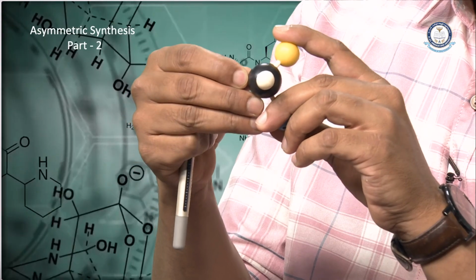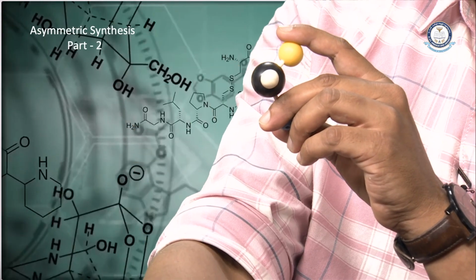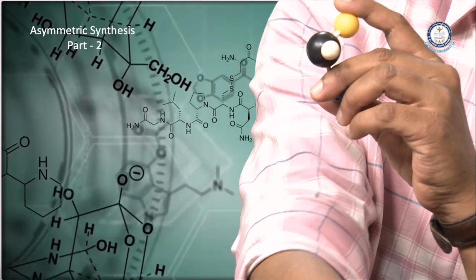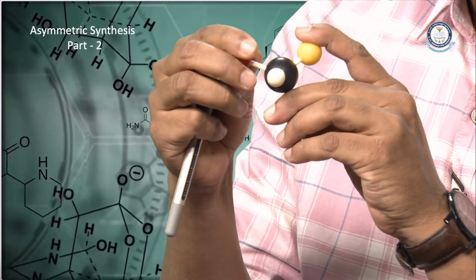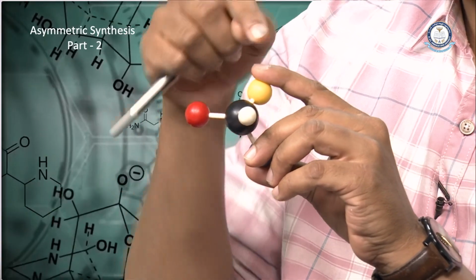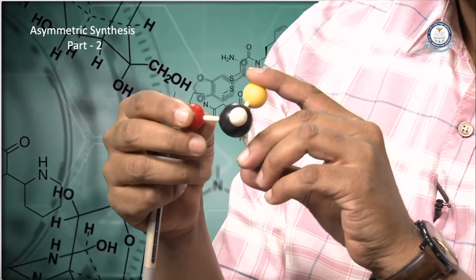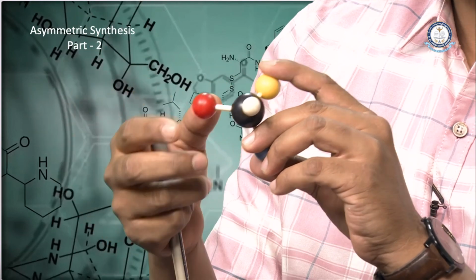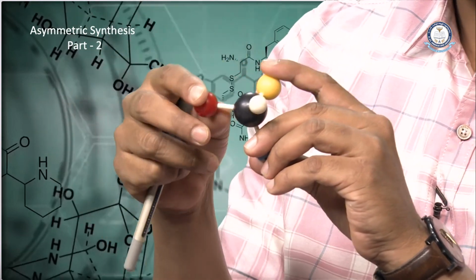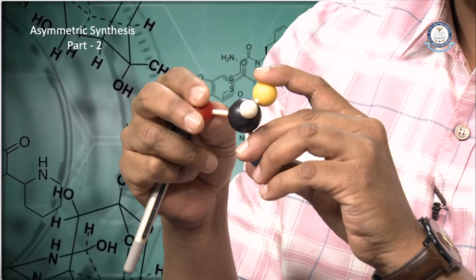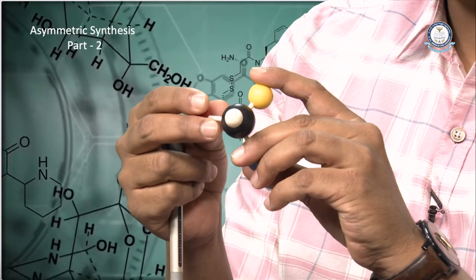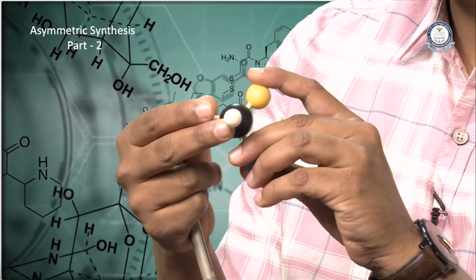So I will replace one of the hydrogen atoms with a deuterium atom. Let us consider that this is our deuterium atom, right? So I have replaced it. Now, after replacing one of the hydrogen atoms with deuterium, I can assign RS nomenclature. Why? The CIP rules suggest that first we should check the atomic number. If the atomic number is the same, then we check the atomic masses. Hydrogen and deuterium have different atomic masses.